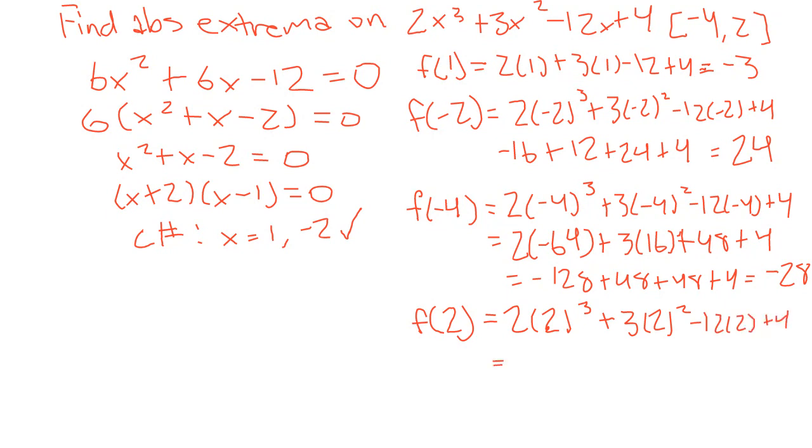Therefore, we get 2 times 2 cubed, which is 16, plus 3 times 2 squared, which is 12, minus 12 times 2, which is negative 24, plus 4. And that is going to give us 8.